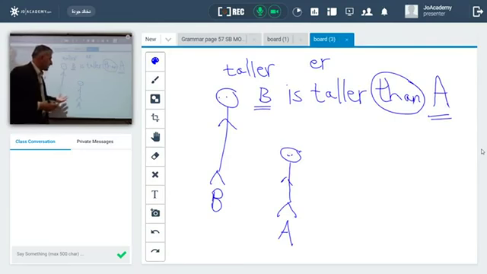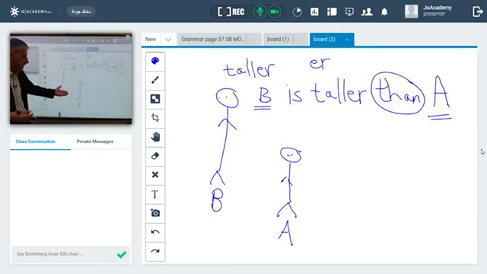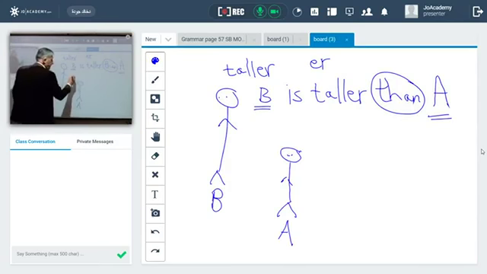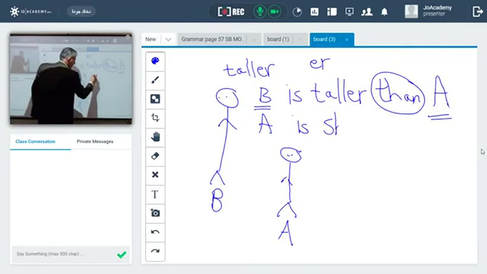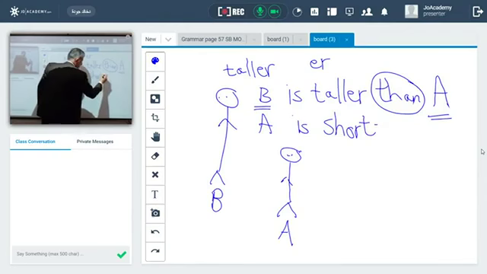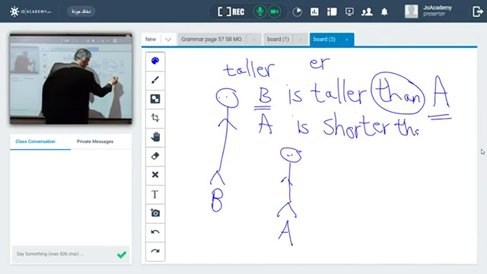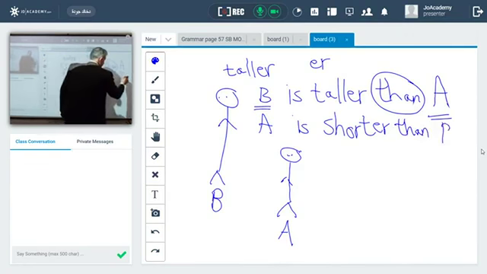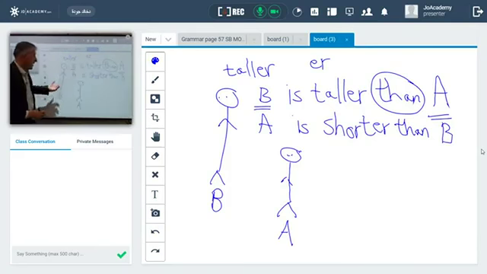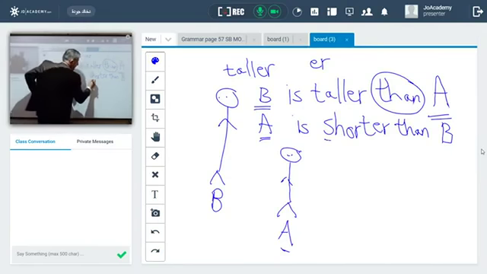So here I can say the sentence in a different way. I can say A is shorter than B. So A is shorter than.